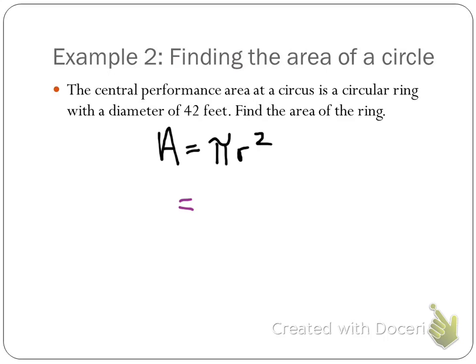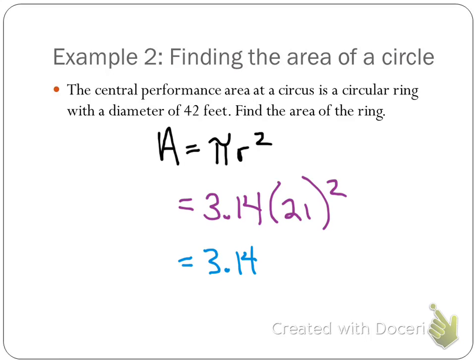Okay, so pi is 3.14 times the radius, which is 21, squared. And don't forget that you have to square the radius before you multiply by 3.14. So 21 squared is 441.